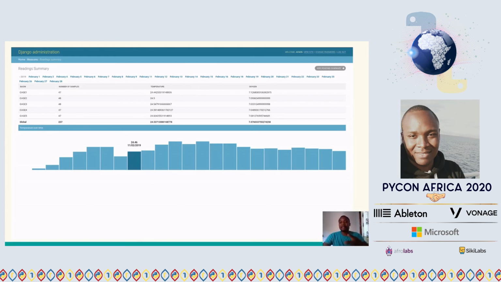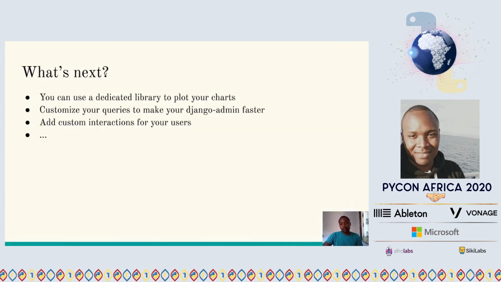Then we built upon that and had another framework dedicated to dashboards, but that came second. The point is that you can meet deadlines quickly with Django-admin in your data projects, and you don't need to reinvent the wheel.